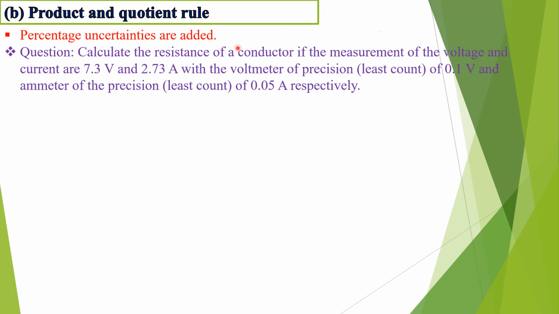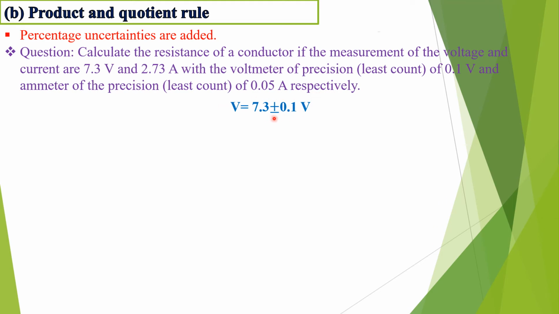Calculate the resistance of a conductor if the measurements of voltage and current are 7.3 volt and 2.73 ampere, with a voltmeter of precision 0.1 volt, where 0.1 volt is the least count of the voltmeter, and an ammeter of precision 0.05 ampere, where 0.05 is the least count of the ammeter. Solution. Voltage is equal to 7.3 plus minus 0.1 volt.